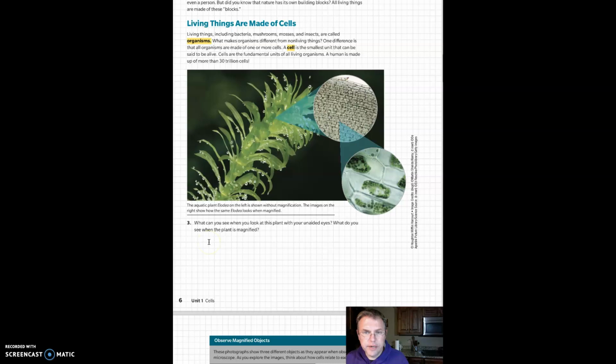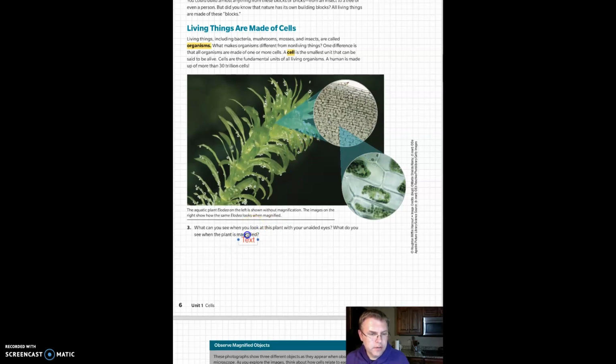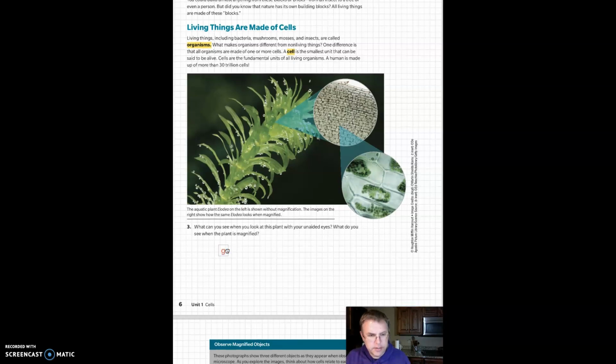Okay, question number 3 here says, what can you see when you look at this plant with your unaided eye? Well, if I were to take a look at that plant, things that I can see there, I can see that it's green. I can see water droplets. It has leaves. Okay, so several things there about the plant as I look at it.